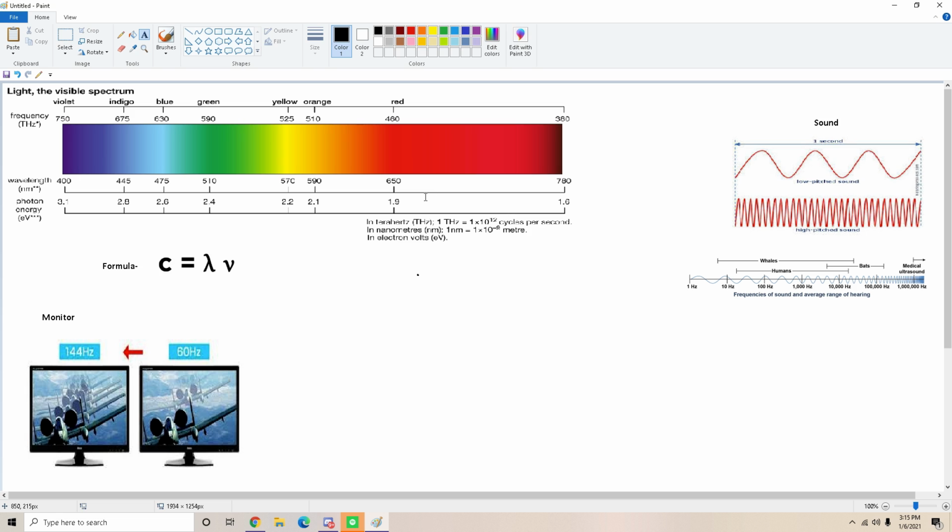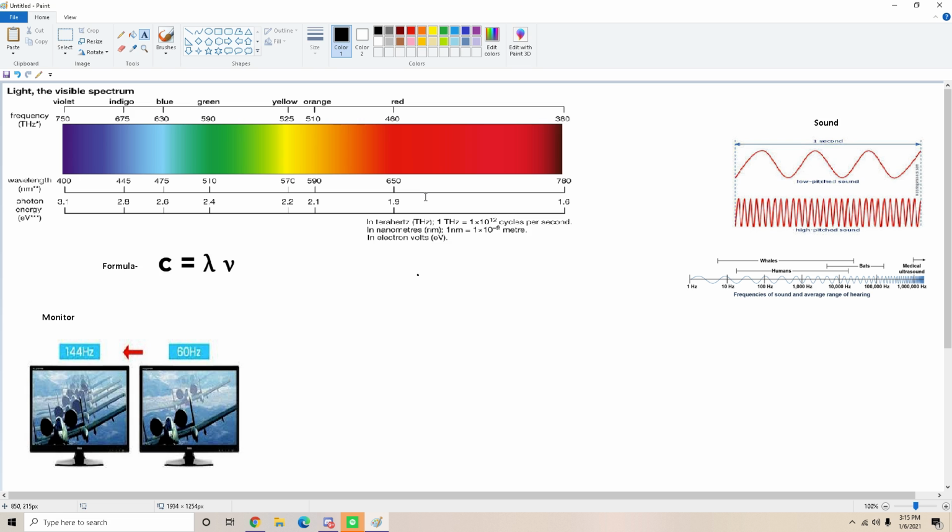So I'm going to be talking about electromagnetic waves. Electromagnetic waves have amplitudes, wavelengths, and frequencies. But instead of different frequencies producing different pitches, like sound waves, different frequencies of electromagnetic waves produce different kinds of light. If the light is visible, these frequencies will correspond to different colors.